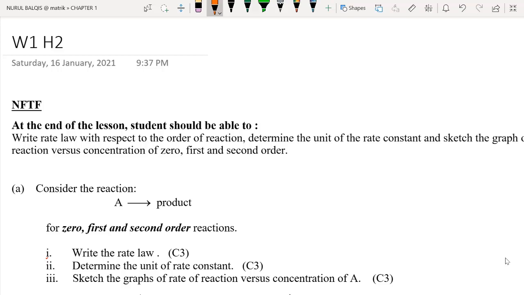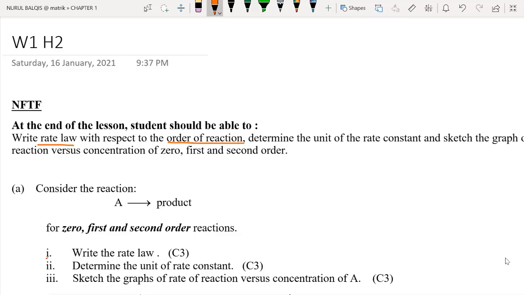In this video, we're going to discuss the week 1 tutorial 2 for both NFTF and also FTF. So the learning objective for the non-face-to-face questions is for you to be able to write the rate law. The rate law, we have already seen in the video, with respect to the order of reactions. So these are the keywords: order of reactions.